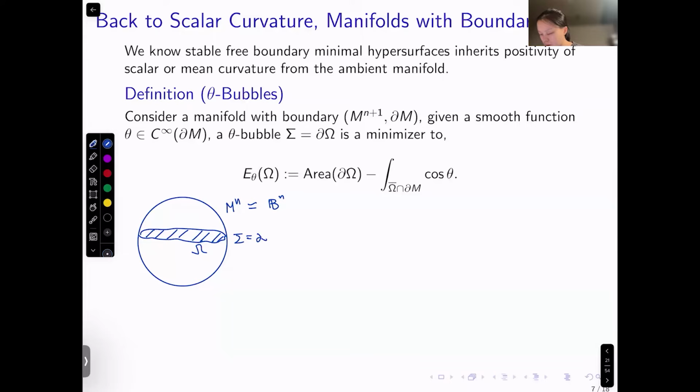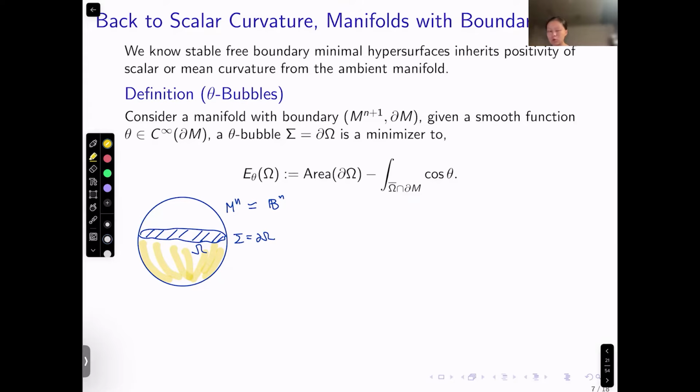But now the boundary of the domain itself also has a boundary. In the second term of the potential, we're integrating over the part of the domain that intersects the boundary, so we're only integrating the part that lies on the boundary.